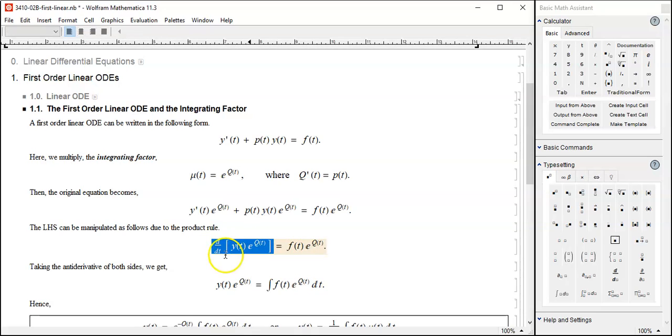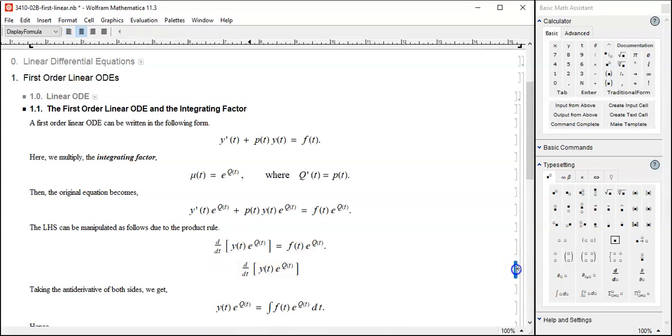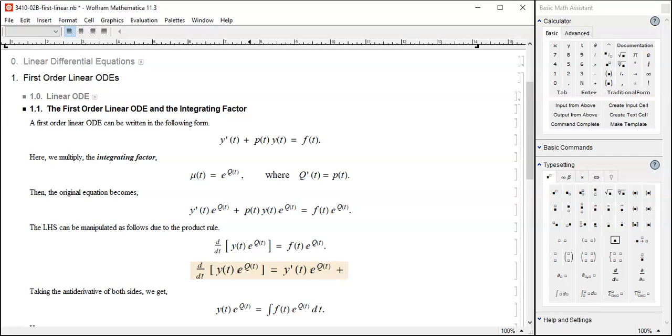Let's check if this is really true. Let's increase the font a little bit. And let's calculate this derivative using the product rule. You see, you have y of t times this exponential, so it's going to be a product rule. So derivative of the first function times the second function plus first function times the derivative of the second function.